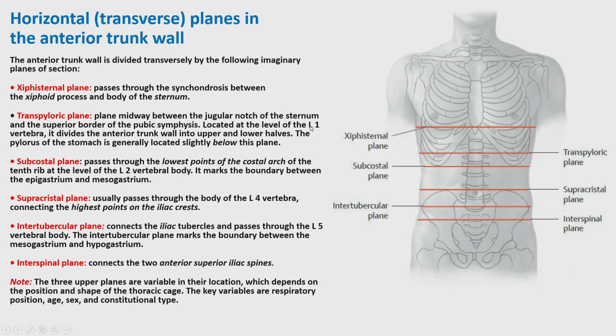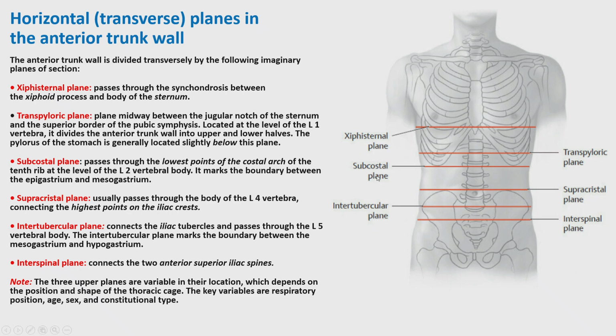This is a very important landmark, and it divides the anterior trunk wall into the upper part and lower half. They call it the transpyloric line because it passes through the pyloric part of the stomach, approximately at this level.